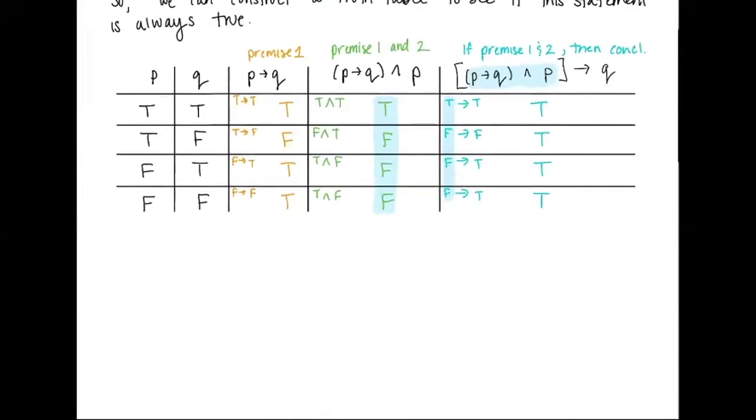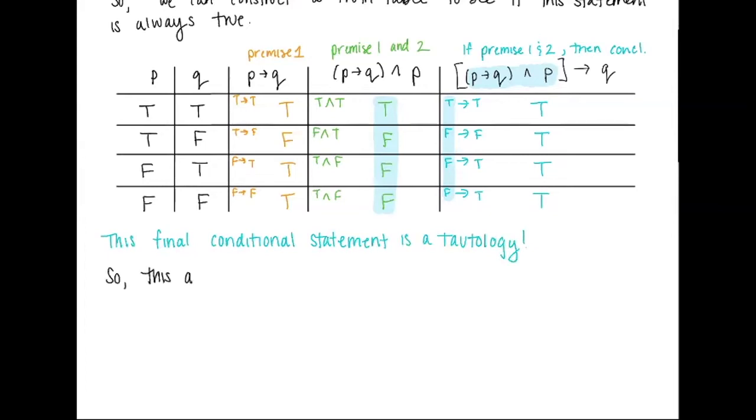So this end statement is a tautology. So what that means is this argument is going to be valid, because I always make a true statement in the end.